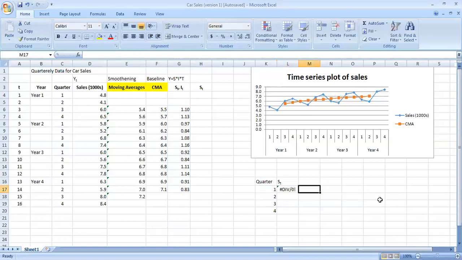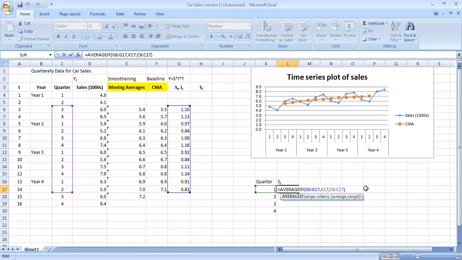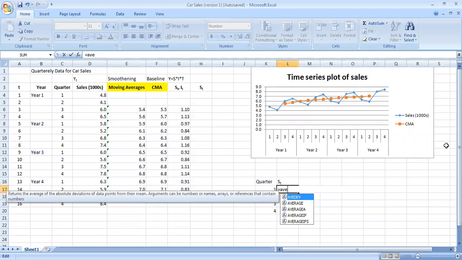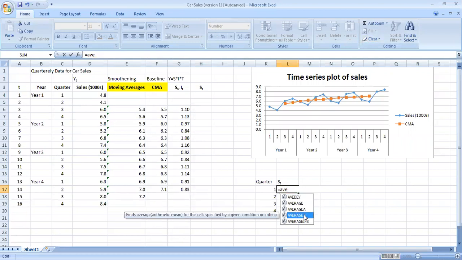Is it clear? Okay, so here I made a small error. So AVERAGEIF is the function. So you can select it.